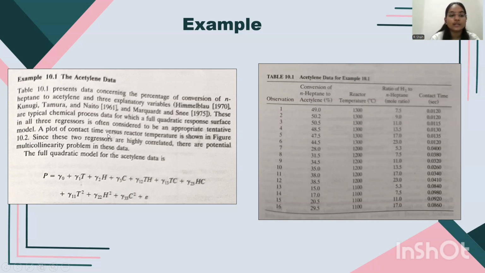A plot of contact time versus reactor temperature is shown in the figure. Since these two regressors are highly correlated, there is a potential multicollinearity problem in this data. This is the full quadratic form, and this is the data which we are considering.